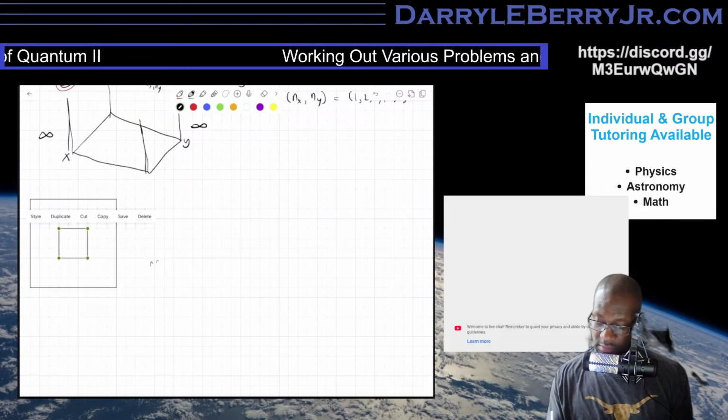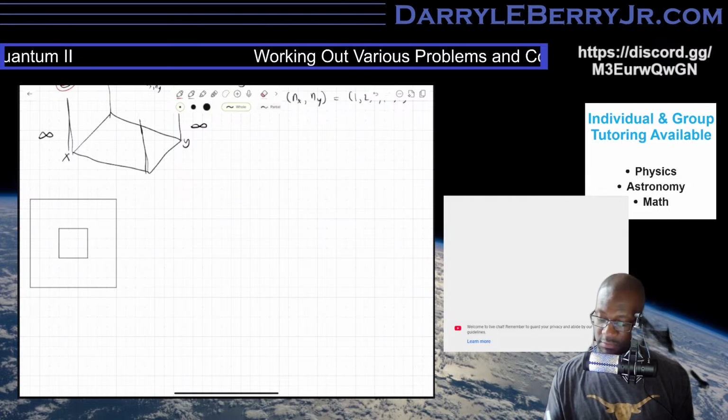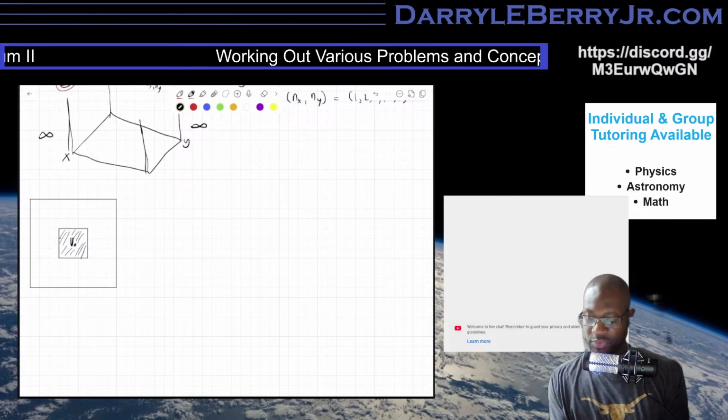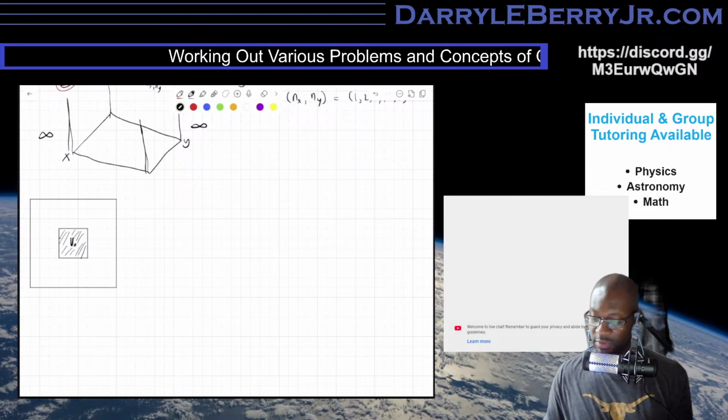So we're looking at this. And this is the perturbation of V naught in the center of the box. And I'm not drawing it precisely because I think I want to actually calculate it as well. We need, for which of these perturbations will the W matrix be diagonal?